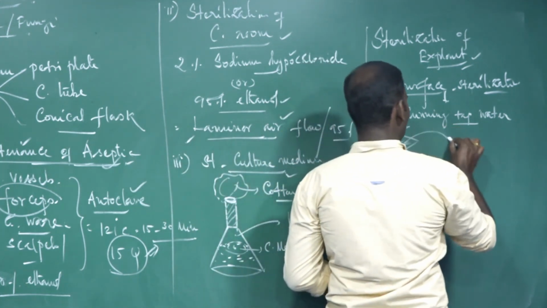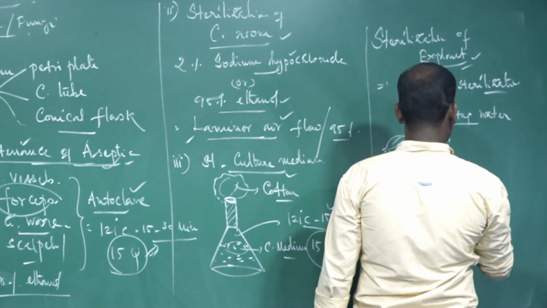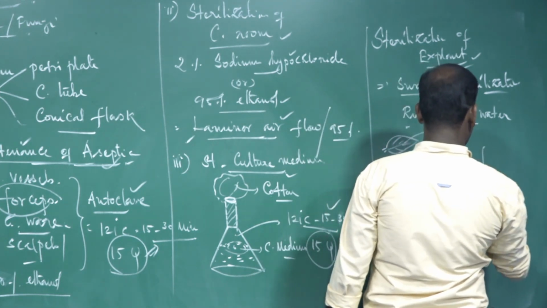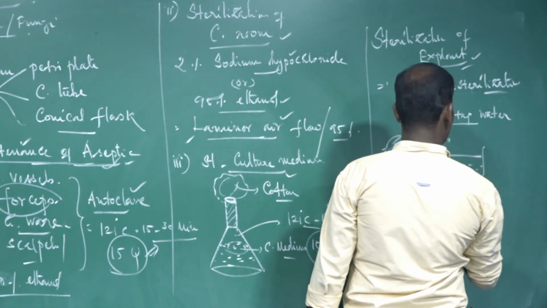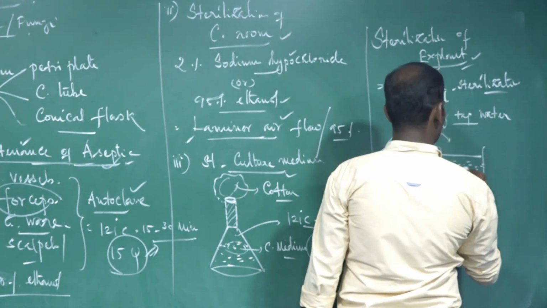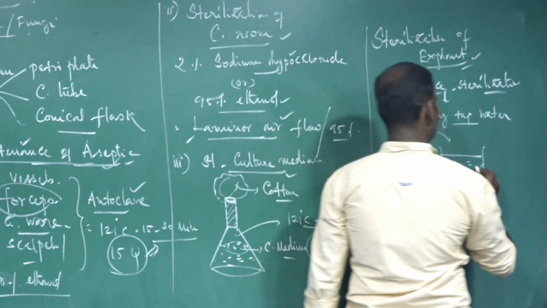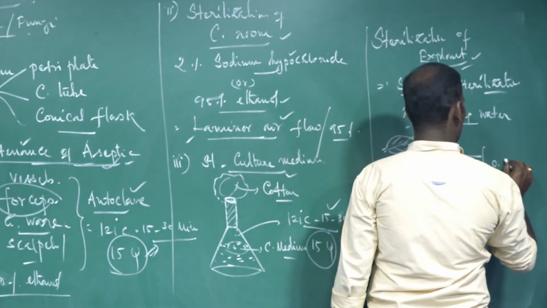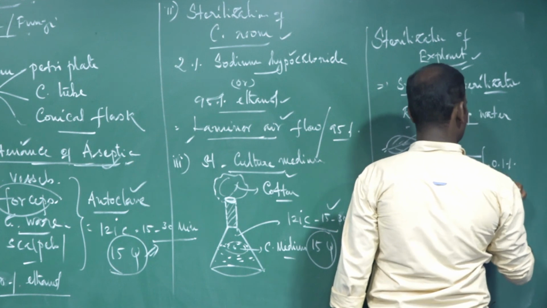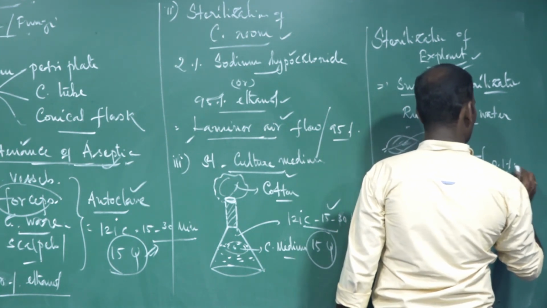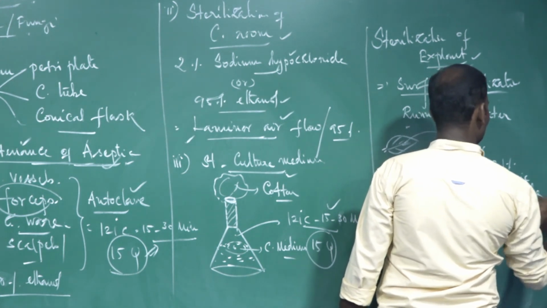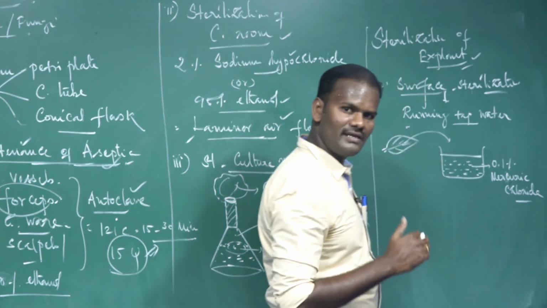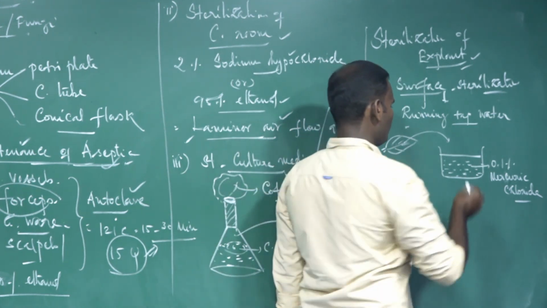Then followed by treatment with mercury chloride. They should be treated with a sterilizing agent, 0.1% mercury chloride. It is one of the sterilization agents used to kill microbes.